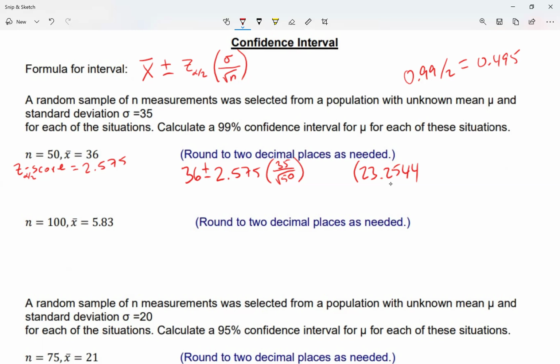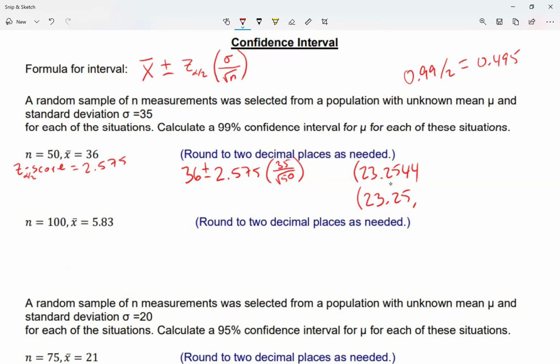Let me just leave it at that. Now, my instruction says round to 2 decimal places as needed. Okay, so let me round this as 23.25 as my small value. And I got the small value using the minus, from my formula.